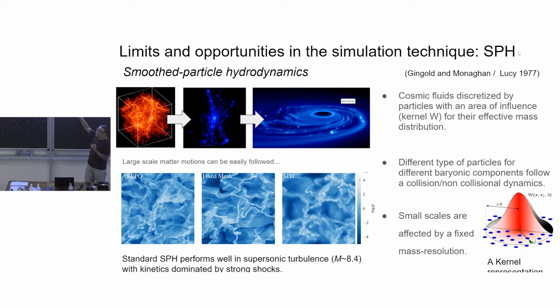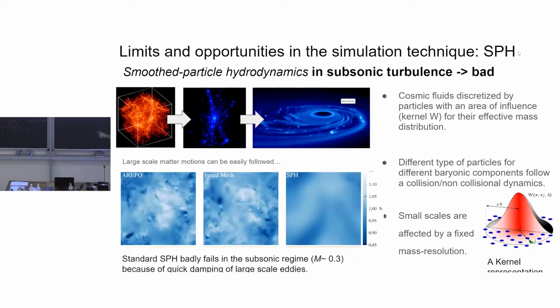The number and the kind of structures predicted is heavily affected by the method in use, because discretizing fluid dynamics equations is biased by the method that you adopt. And this is where your method works quite well: supersonic turbulence, acceptable, let's say. But if you go to subsonic, it's a disaster. It's a total disaster. It doesn't work.